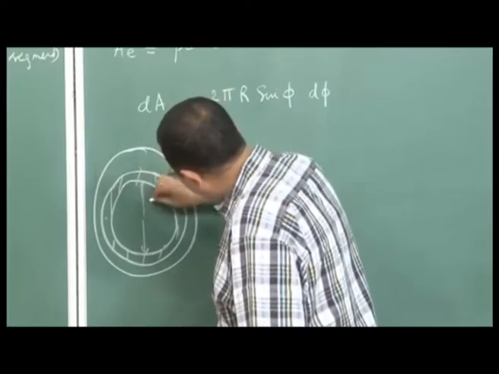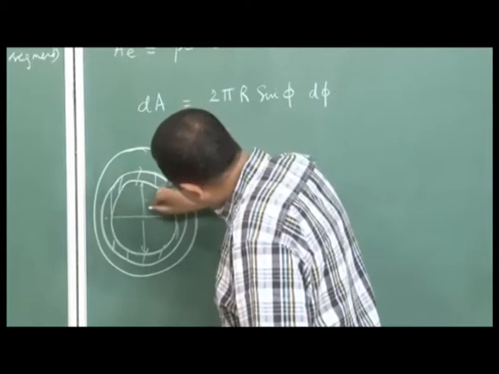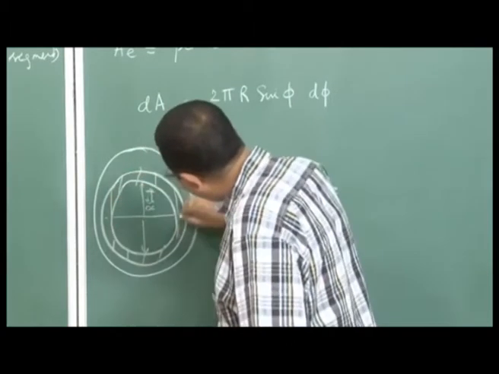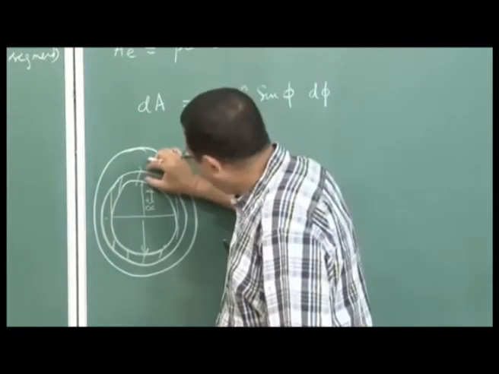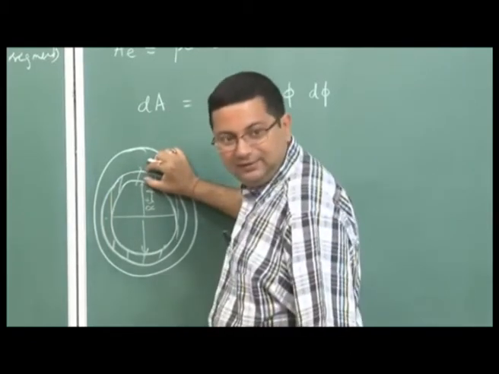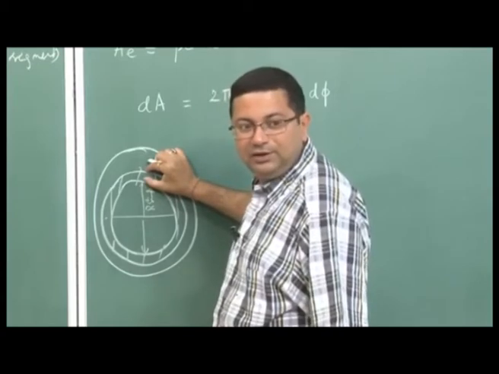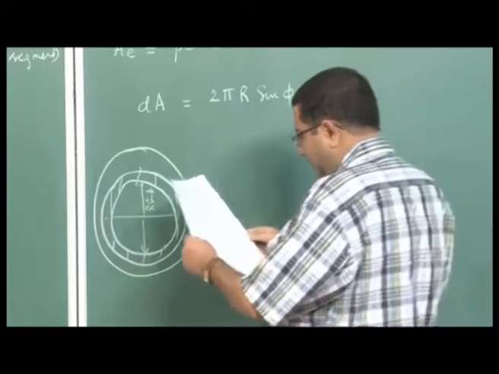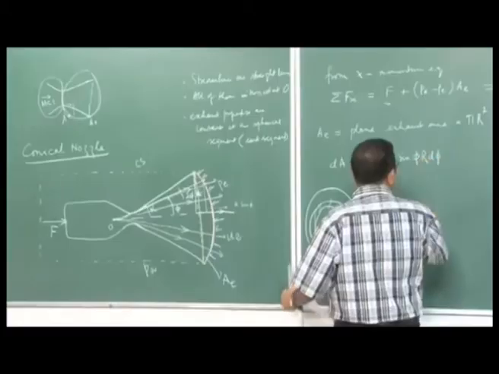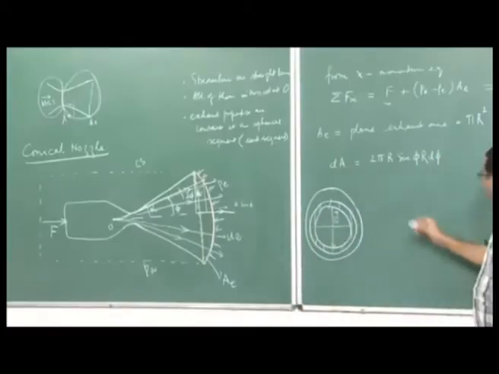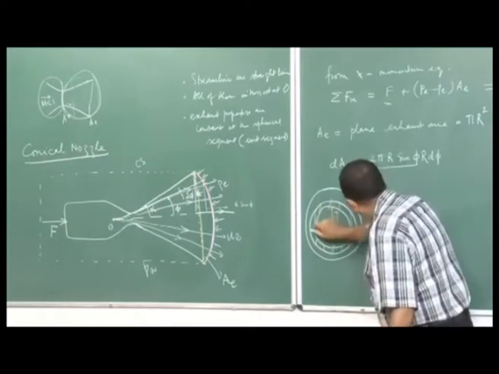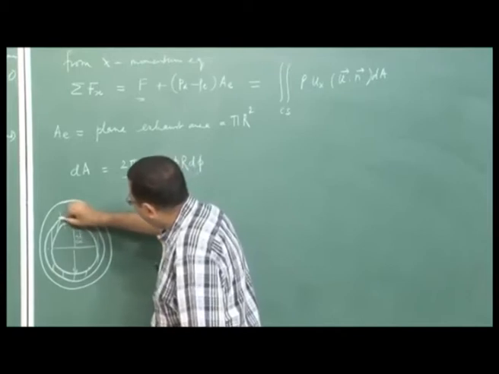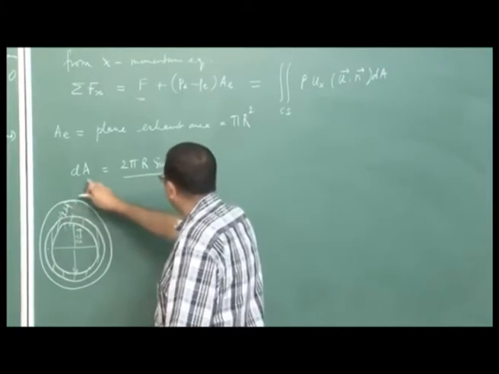So, this radius is r sin phi, so the perimeter is 2 pi r sin phi times this depth. What is this depth? It is r d phi, there is one more r here. So, this perimeter is 2 pi r sin phi and this depth is r d phi. Therefore, the total area is this.